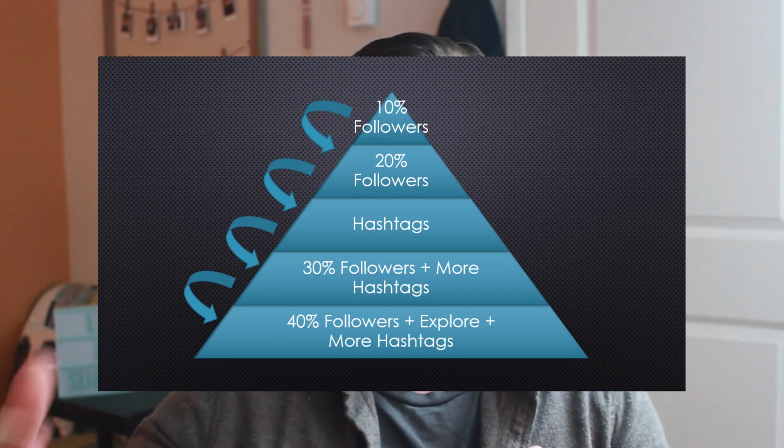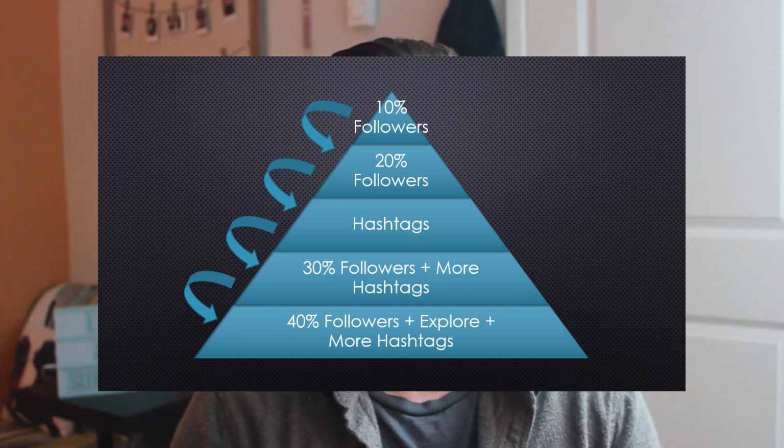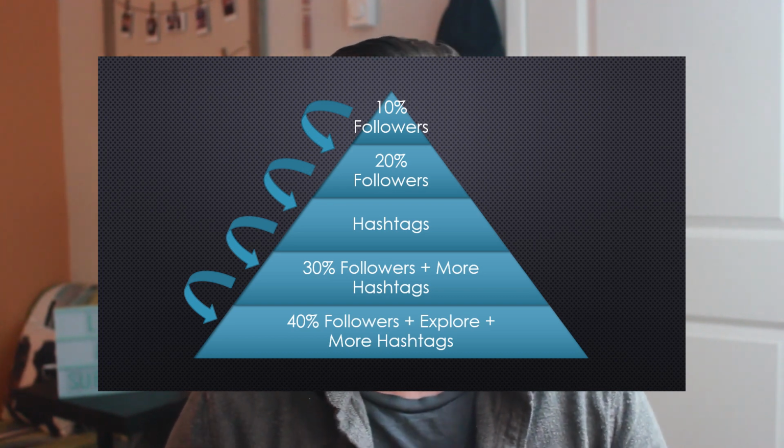And it keeps stepping up and testing more and more of your followers, as well as testing your content on hashtags and the explore page to see if it's performing well there, and then shooting it to more people in each of those respective areas, the hashtags, the explore page, and your followers' home feed. So that's how the algorithm works: it tests different groups and then works its way up.